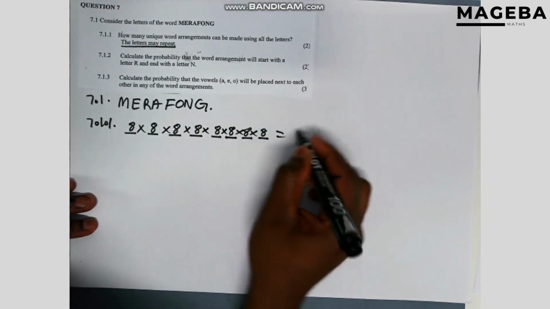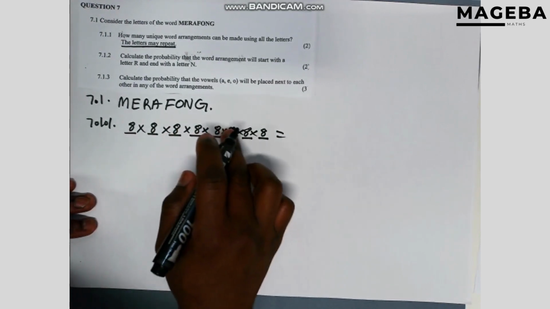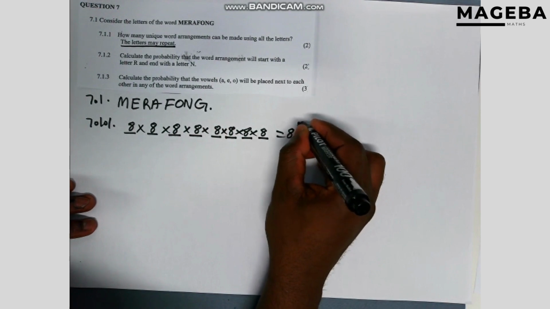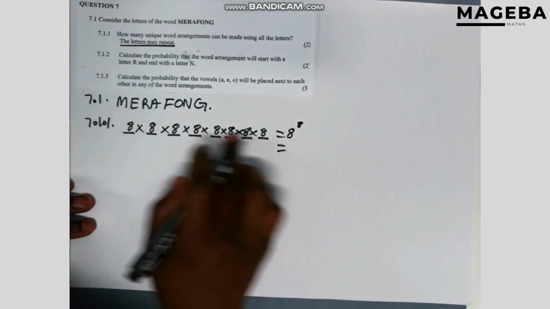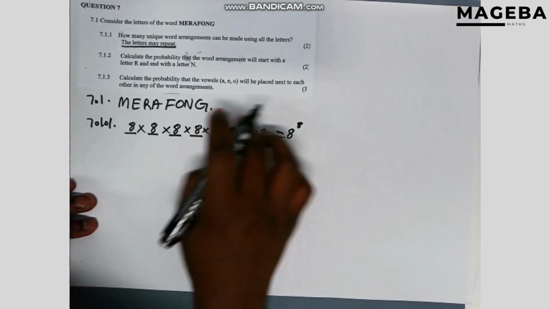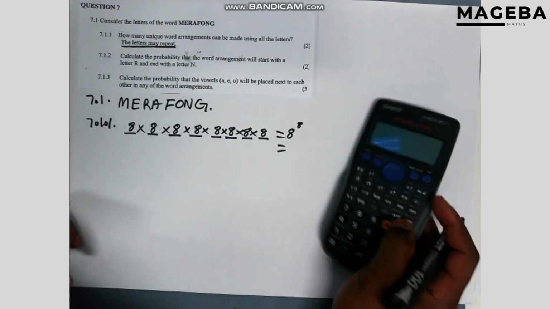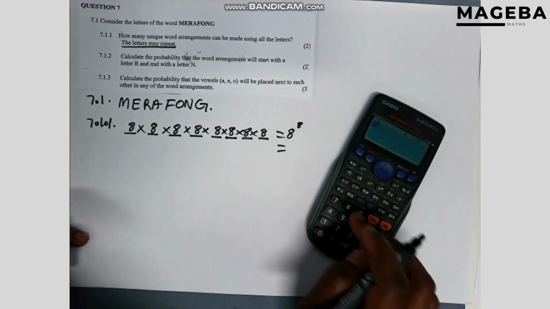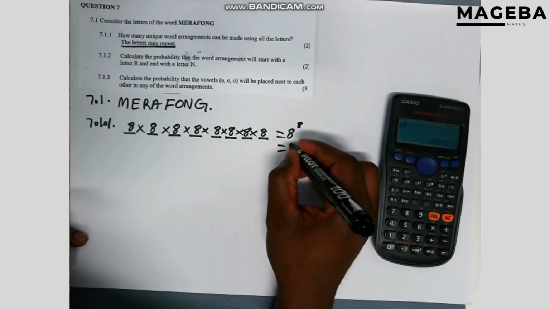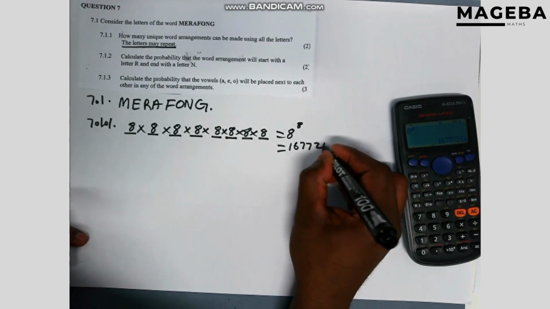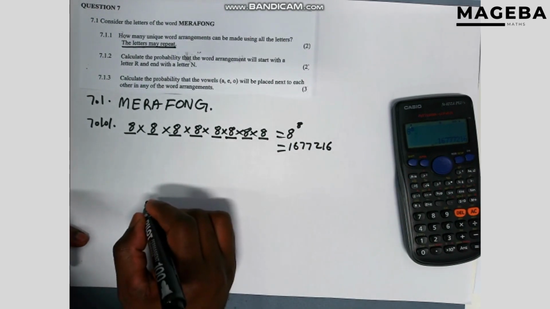So we multiply 8 raised to 8, because with the same base we add the exponents. I hope you still remember that one. So 8 raised to 8 gives us 16777216.